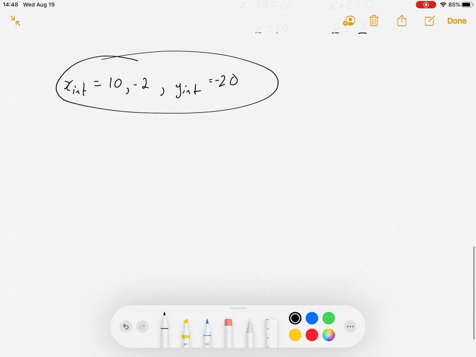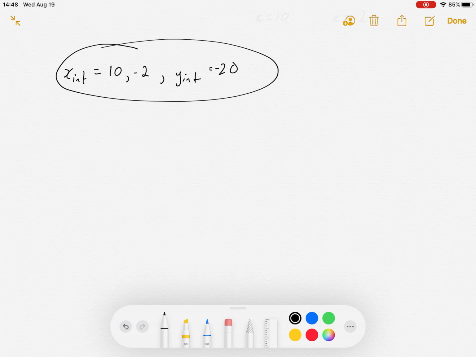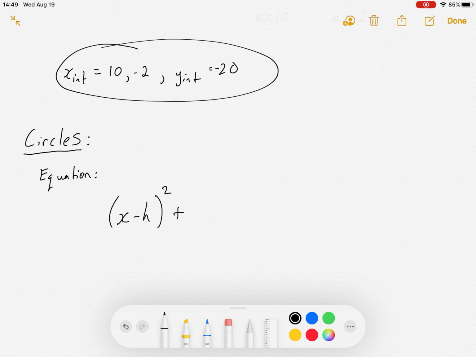So the next concept I want to cover is graphs of circles. And the first piece of this that I want to talk about is just kind of the general equation. The general equation is (x minus h) squared plus (y minus k) squared equals r squared.